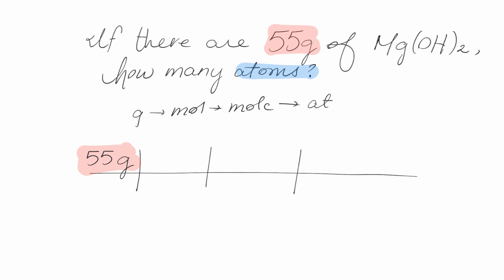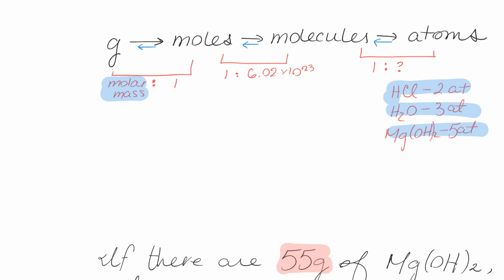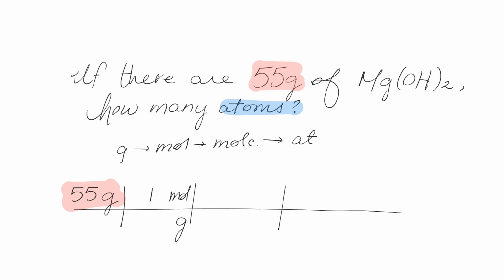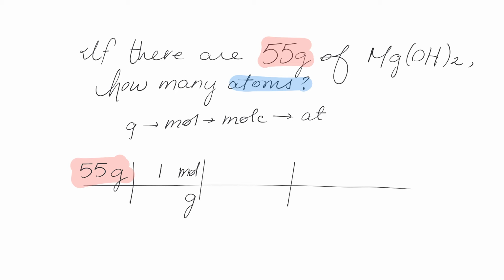Whatever you have in the top needs to go in the bottom, grams. Grams convert to moles. That means your top spot's going to have moles. All right, what do we know about this? We know that 1 mole has how many grams? The grams depends on the molar mass. So we need to find the molar mass of magnesium hydroxide.